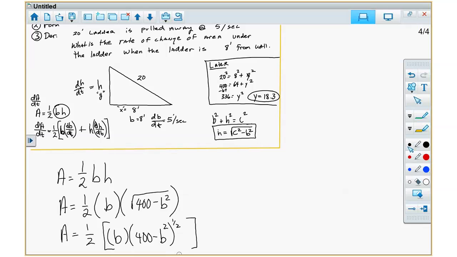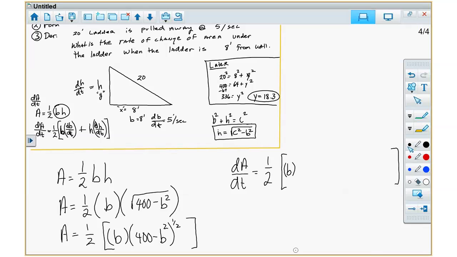All right, so that's going to be A. Well, you're going to have dA/dt. Yeah, dA/dt, you want to make sure. dA/dt is equal to 1/2, and then we're going to take the first times the derivative of the second.